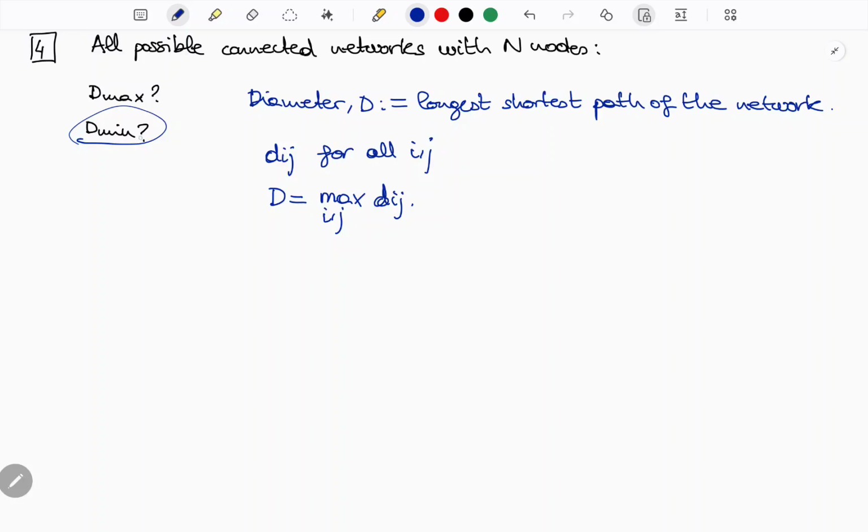So if we want the maximum distance between all nodes in the network to be 1, that's only possible if it's a clique, so if all the nodes are connected to all the other nodes. So all nodes connected together.